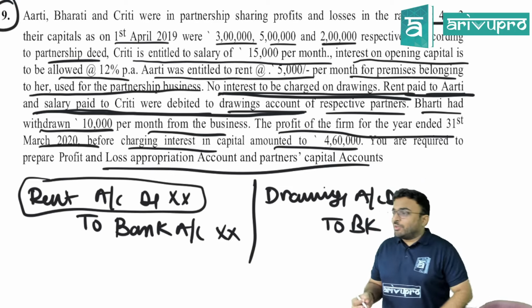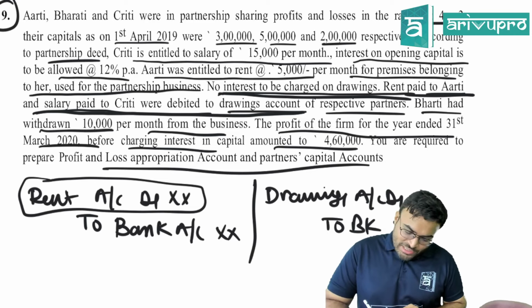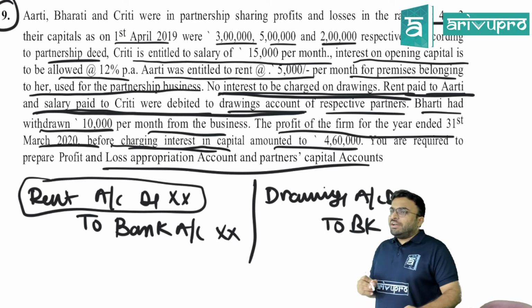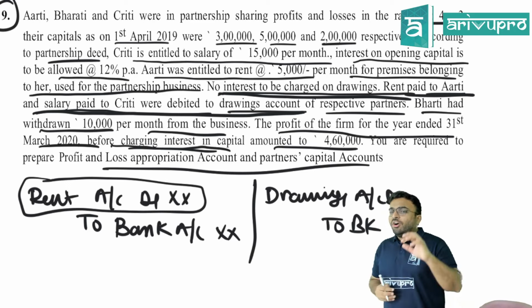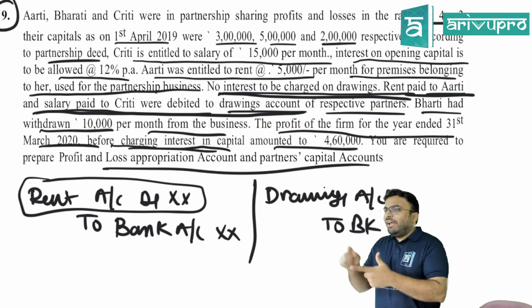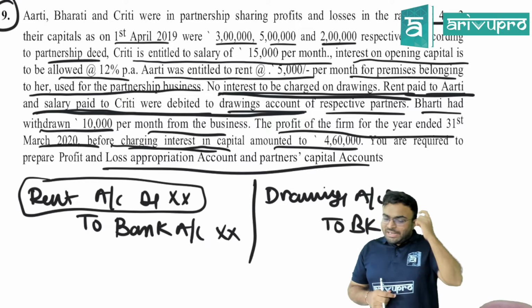So 4,60,000 is before rent. Now you might be thinking, they told before charging interest only. They didn't tell rent and all. Before charging interest. Why? Because according to them, rent and salary have gone into drawings. Are you getting my point? For salary, what is the entry?